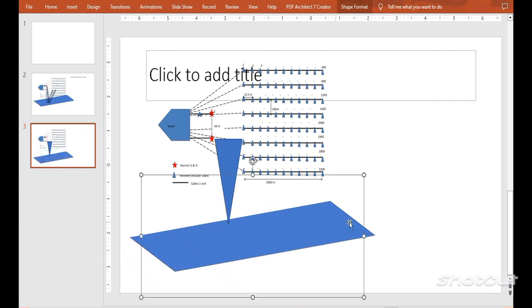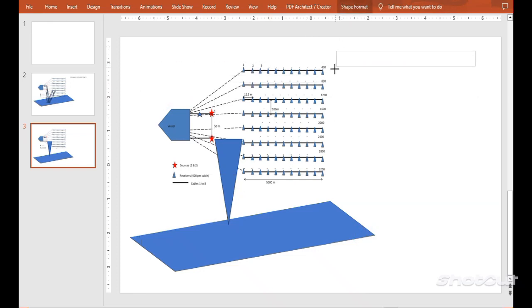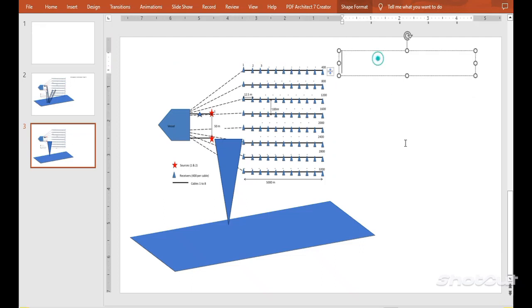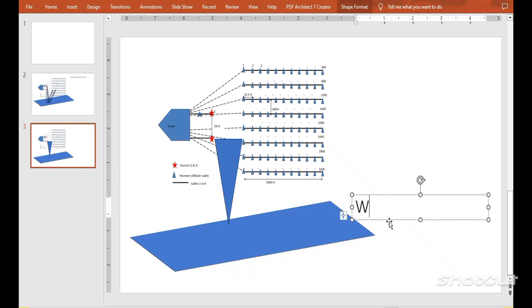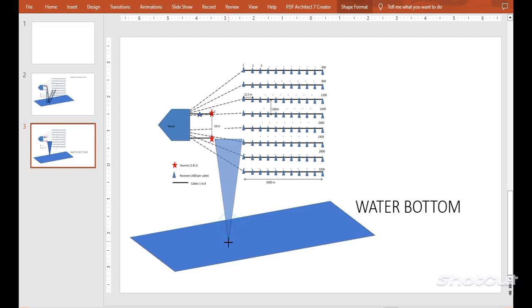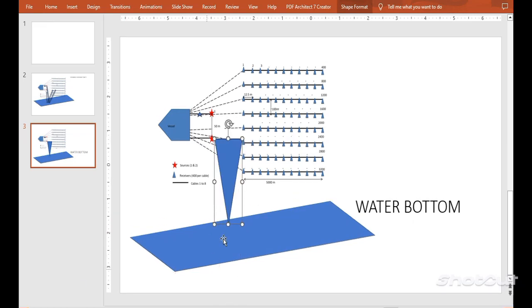This is representing the subsurface, because this is a marine acquisition that we are illustrating here. So this is the water bottom. This is illustrating the water bottom surface, and this is the point where it meets the water bottom.